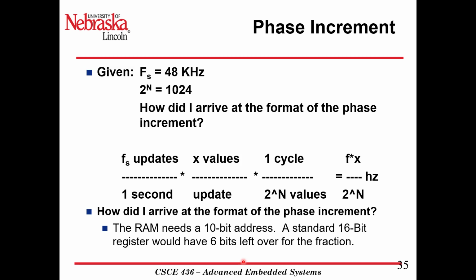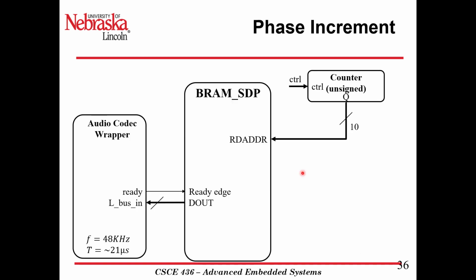So, how did I get to this format of 10.6 for our phase increment? Our RAM needs 10 bits of address. The standard to index through 1024 values of our standard 16-bit register would have 6 bits left over for that fractional portion. So you notice you have a counter, just like we talked about with our VRAM.